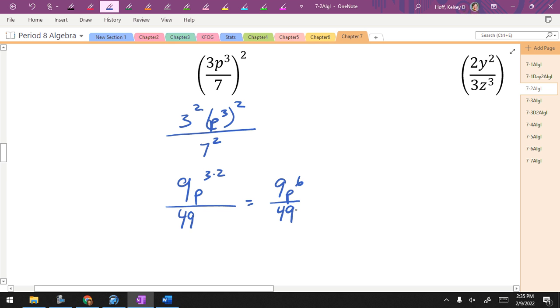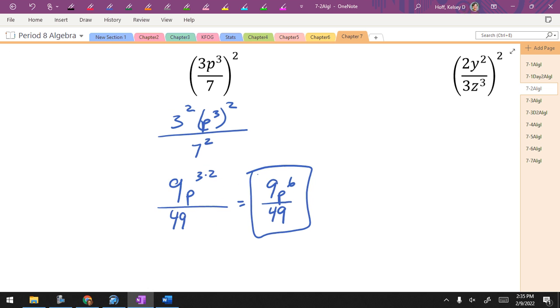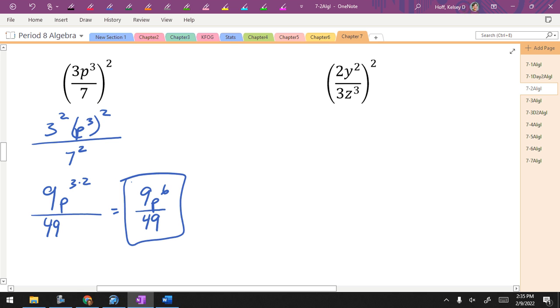Now, you should always check if you can simplify, or is there anything that goes into 9 and 49? The only thing that goes into 9 is 3, and the only thing that goes into 49 is 7. And there's no other p, so that's your final answer. Do the one on the right on your own.